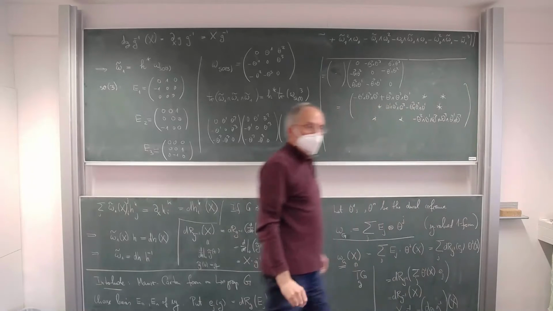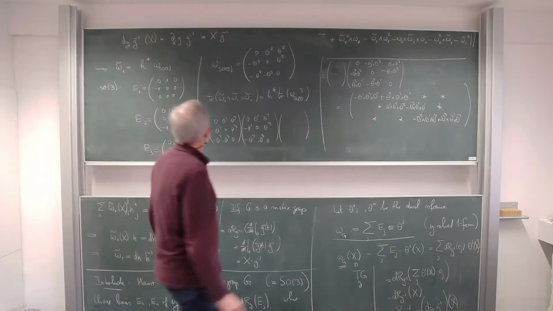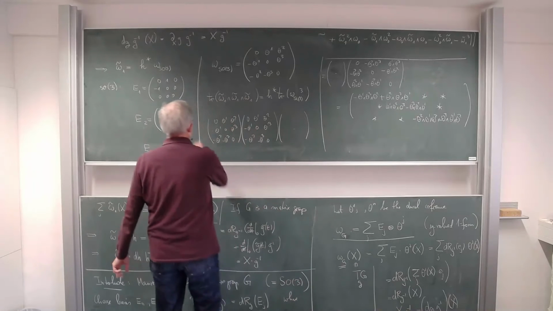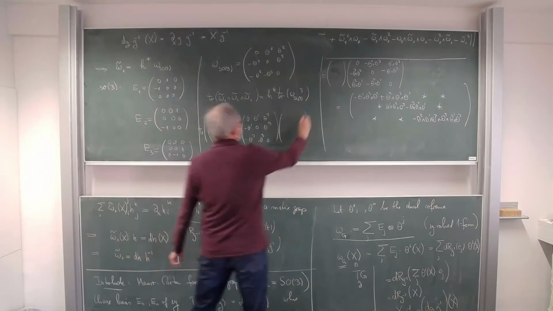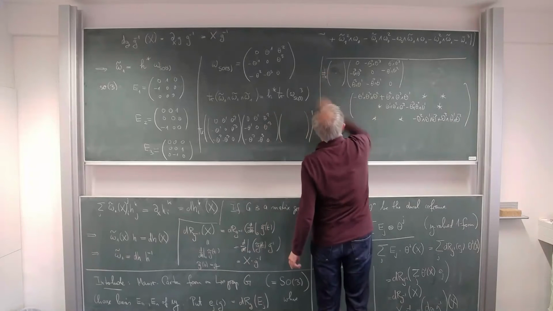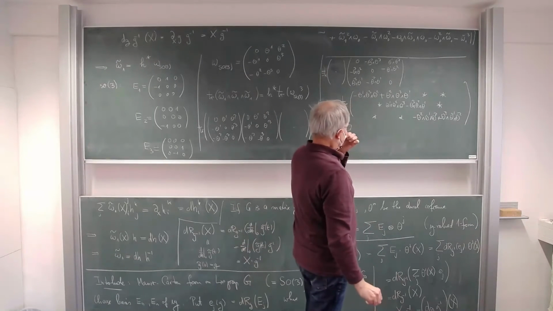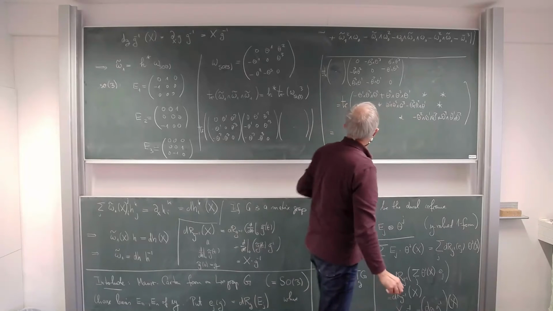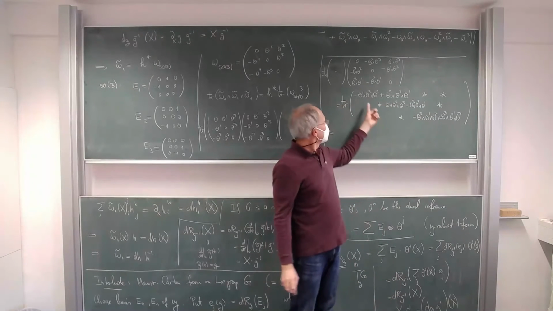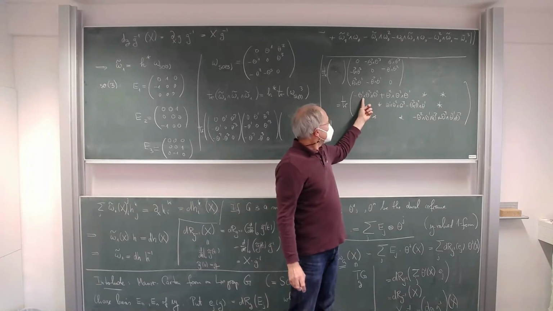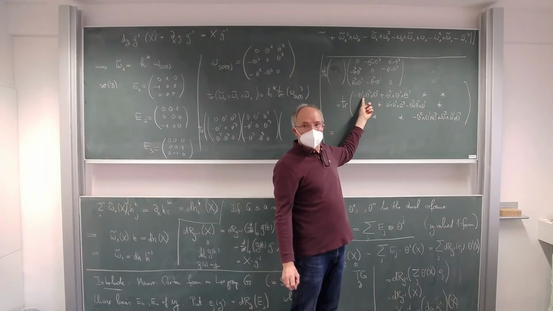So did I do it right? Okay, so now we have to trace the thing. So what do we get? The sum of these three, and we always get some multiple of theta 1, theta 2, theta 3.